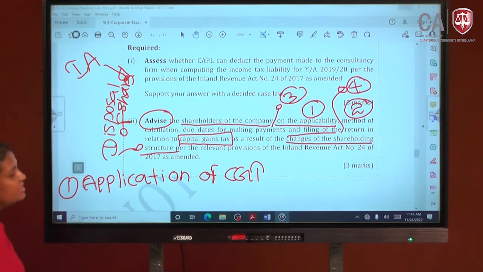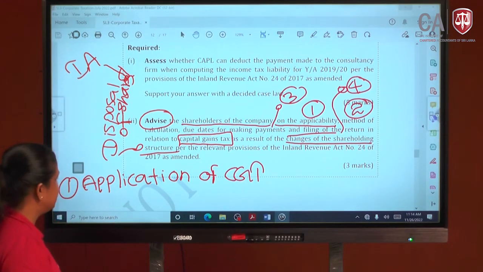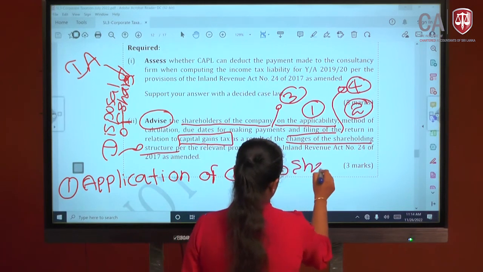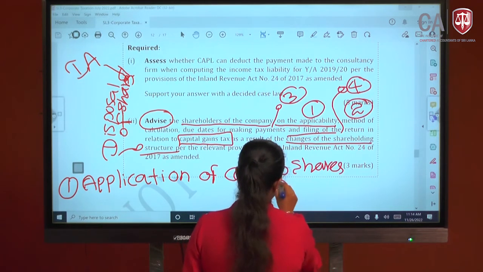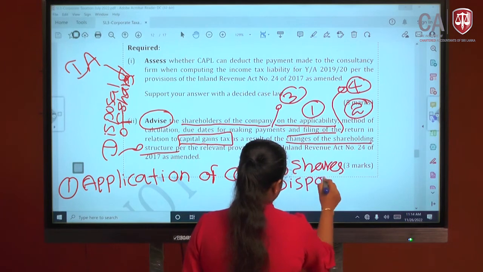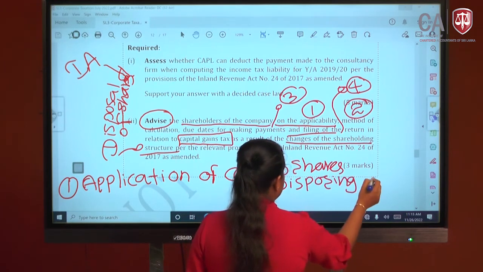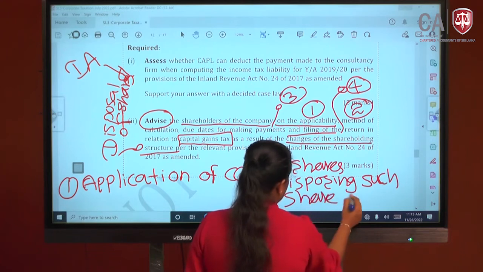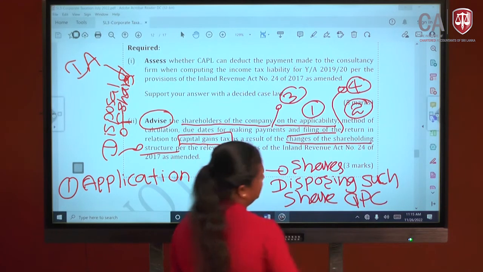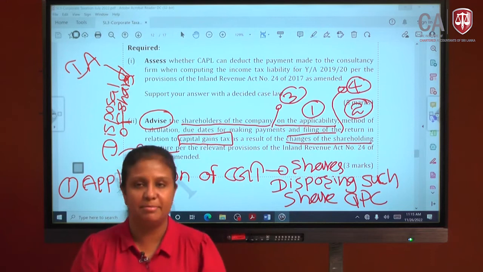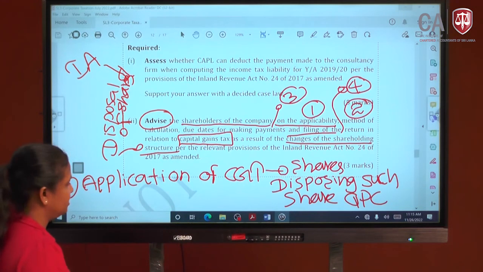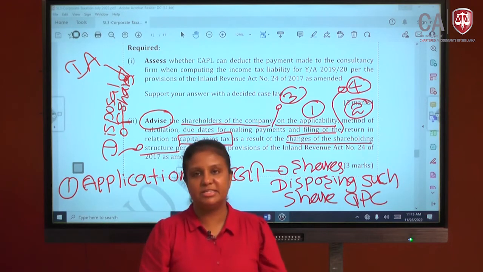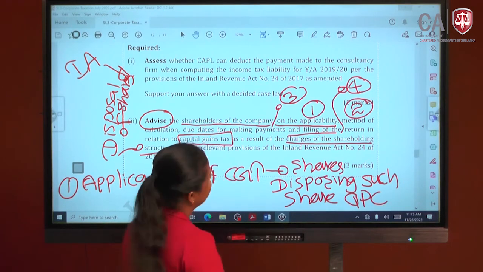If a person has invested in an investment asset, our example being shares, then by disposing of such shares, other than quoted public company shares, it is liable for the capital gain tax. That's the application. Since they are selling the shares, selling an investment asset, then it is applicable.